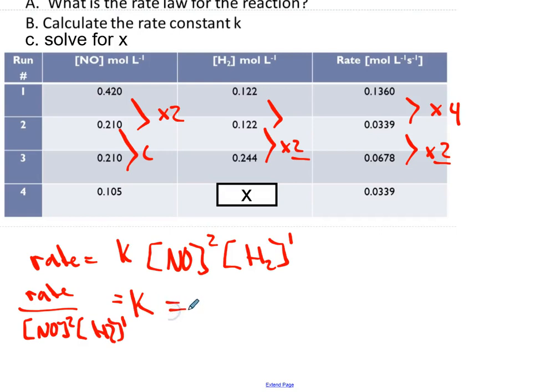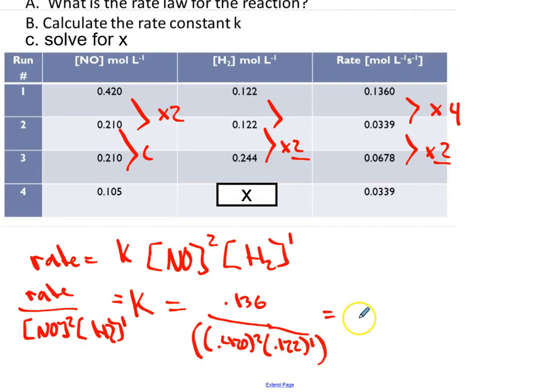So I'm going to plug it in: 0.136 over NO, which is squared, 0.420 squared, and 0.122 to the first. Sound good? And then hopefully when you plug it in, make sure you put the denominator all in parentheses. And I erased it. Was that 6.3 or 2? I don't remember. 6.3. That's K.